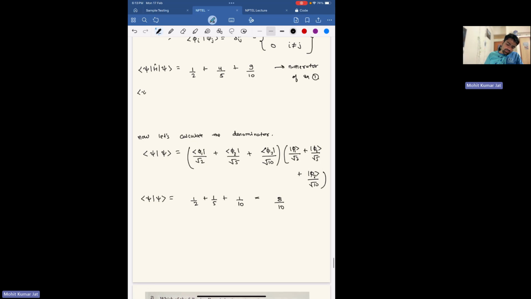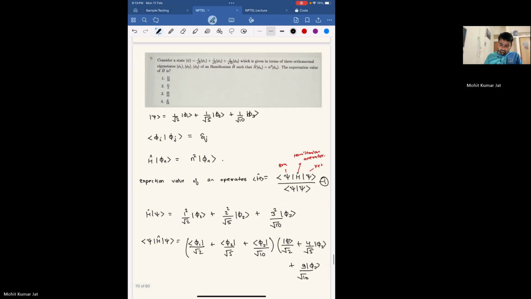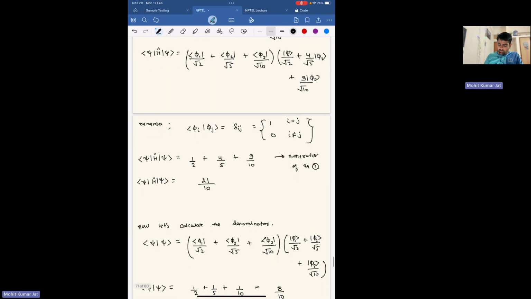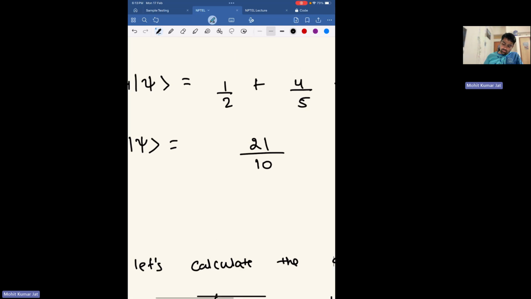So let me simplify this one further. This is 5 and this is 8. 5 and 8 will be 13, plus 9 will be 21 by 10, or this should be 22.